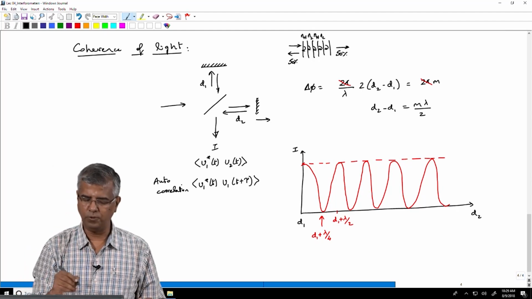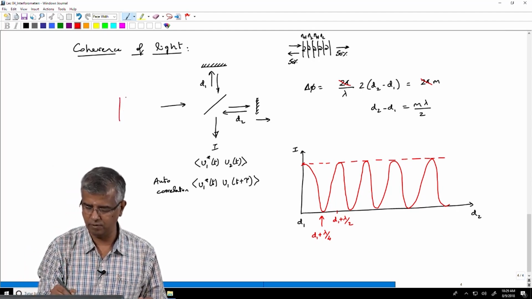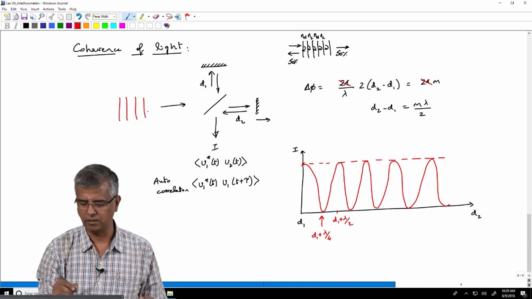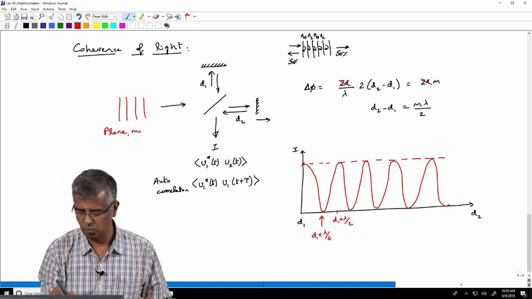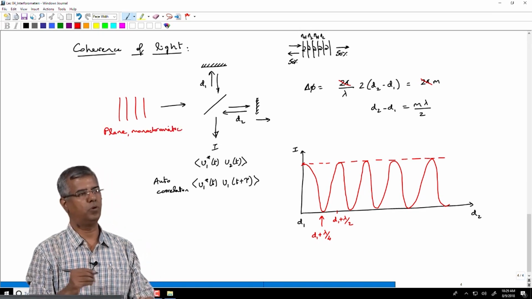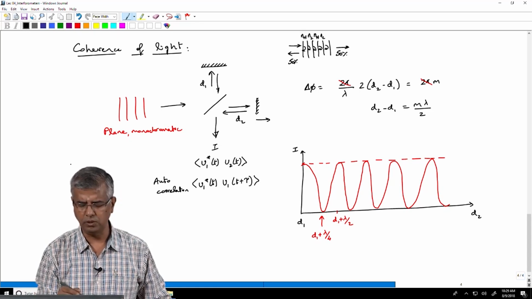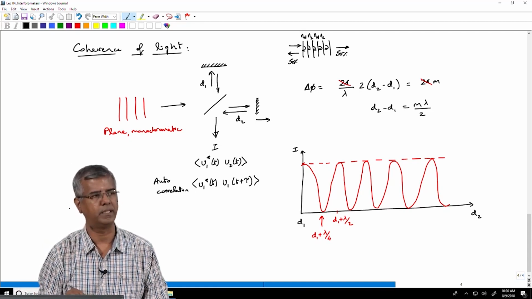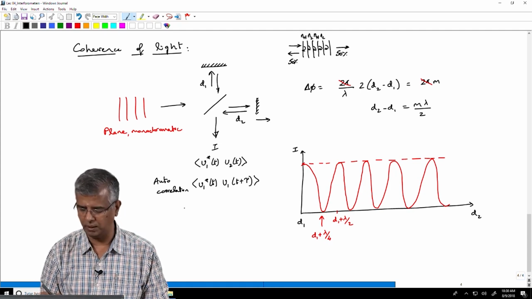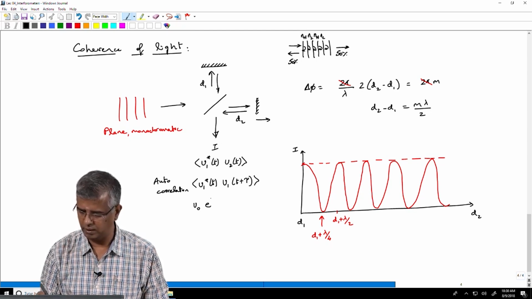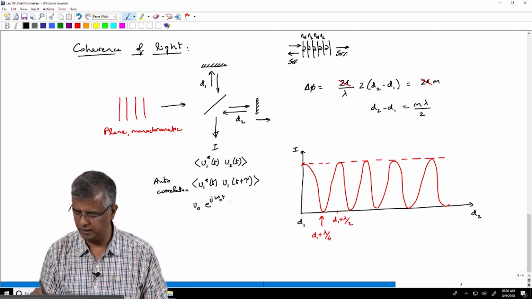Okay. Now, if you have a plane monochromatic wave, that is what we are assuming, a plane monochromatic wave incident on it, then you can say that light wave is going to have a certain amplitude, let us say u naught, and as far as the phase is concerned, you have e power j omega naught t.